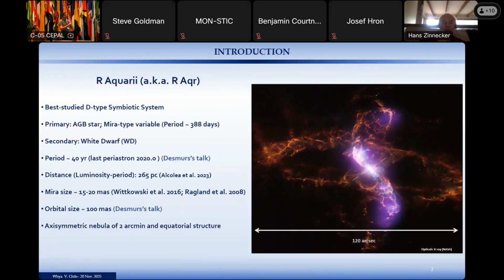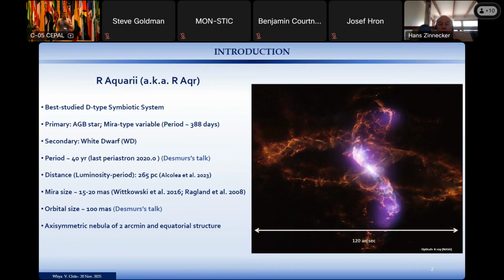So let me start with a quick introduction to our favorite symbiotic star, R Aquarii. This is the best studied D-type symbiotic system, which consists of two stellar components. The primary is an AGB star, a Mira-type variable with a regular period of 388 days. And the secondary is a white dwarf, a very hot and compact component.